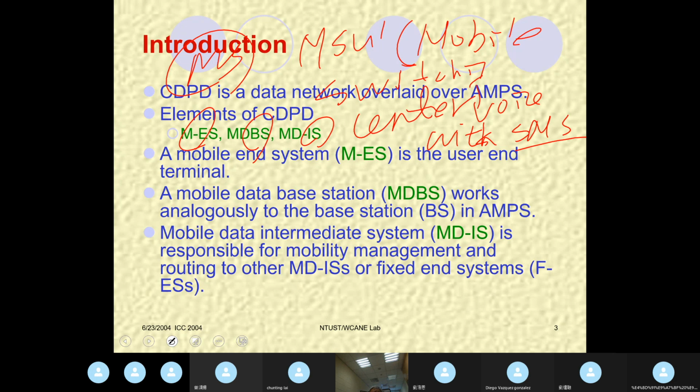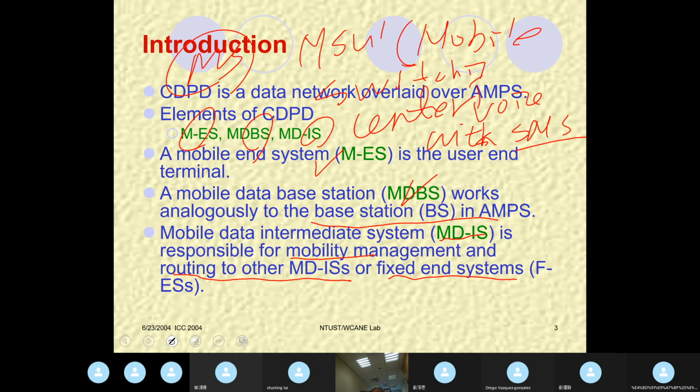Similar to the function of a mobile switching center, we have the intermediate system, which we call the mobile data intermediate system. The mobile end system is a user end terminal, the mobile data base station is similar to the base station in AMPS, and the intermediate system is similar to the mobile switching center. But this one has the responsibility for mobility management and routing to the other intermediate systems or fixed end systems.